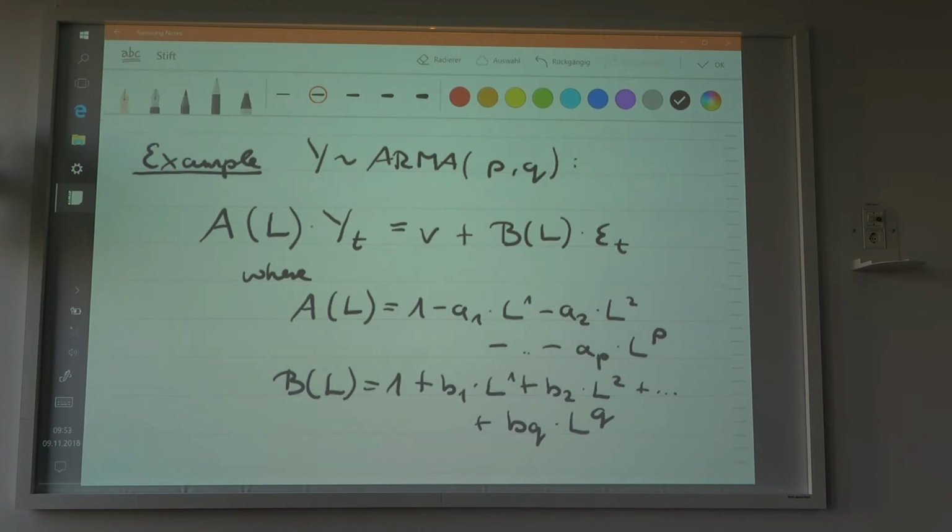Now, as far as stationarity conditions are concerned, the moving average part is always stationary. No matter what, the moving average part is always stationary.